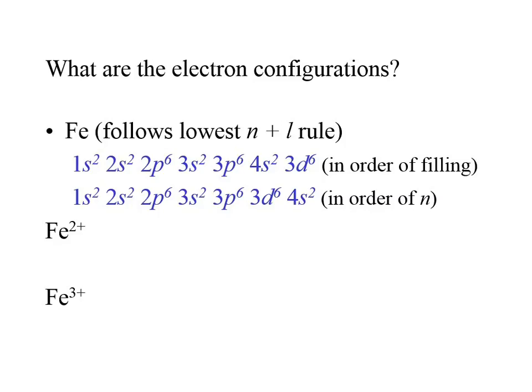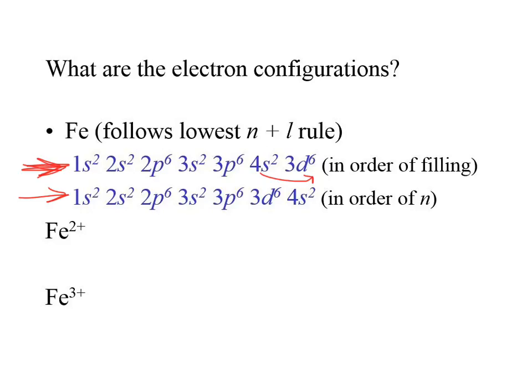So for the neutral iron atom, 26 protons, 26 electrons. This is how they are configured using the lowest n plus L rule. And then this is taking that same configuration and unscrambling it to put it in order of increasing n, so you move the 4s2 out.